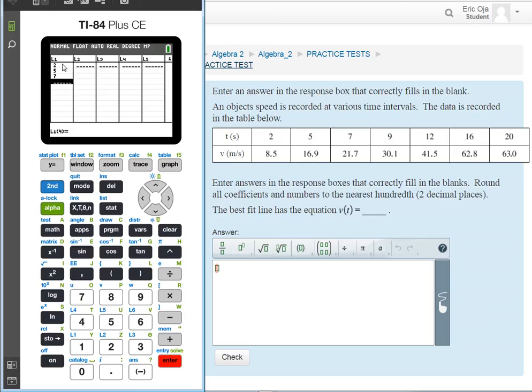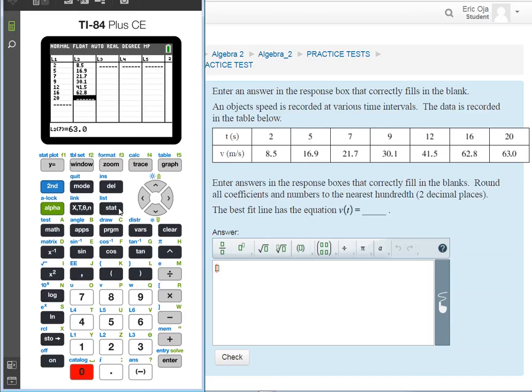So put these in. There's my X list. Okay, once I get all those in there, you tell me, how do I come up with the equation of the best fit line? 3 keystrokes, what are they?